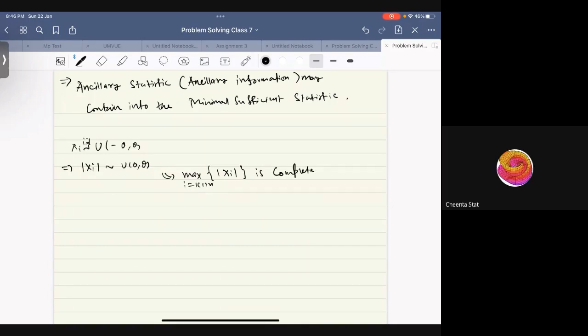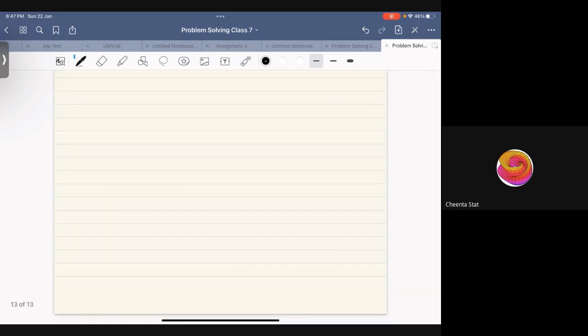Okay, I am giving you some question. That's a very important thing. One more thing I want to say to you: all of you know that every function of a sufficient statistic is sufficient.